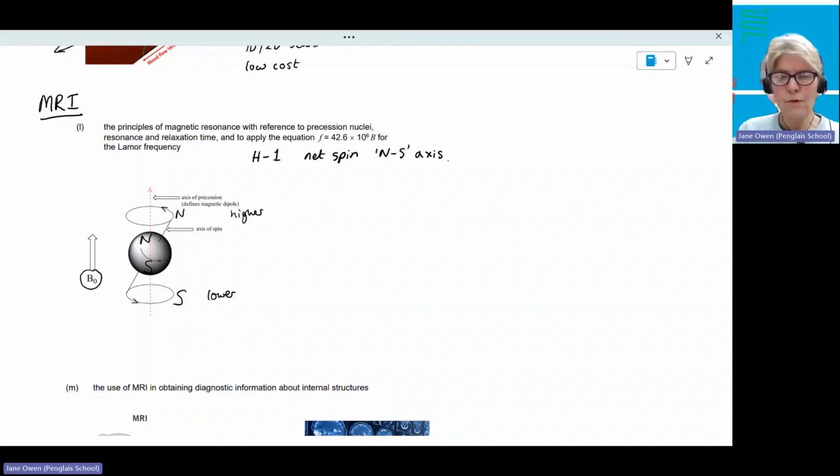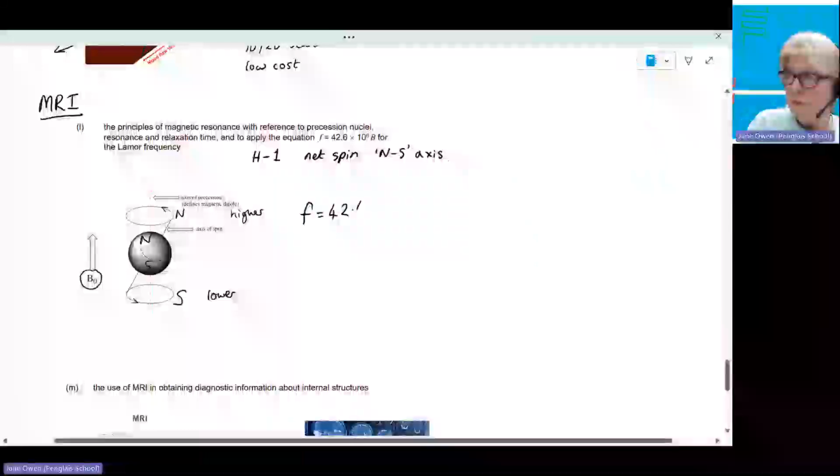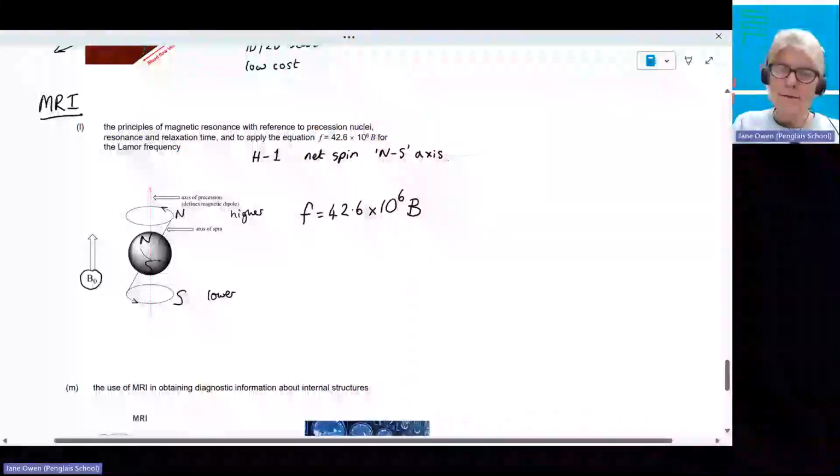And the frequency that happens is a special frequency called the Larmor frequency. And the frequency is dependent on the magnetic field. And frequency is given by 42.6 mega times 10 to the 6 B. Now, that is dependent on the magnetic field.